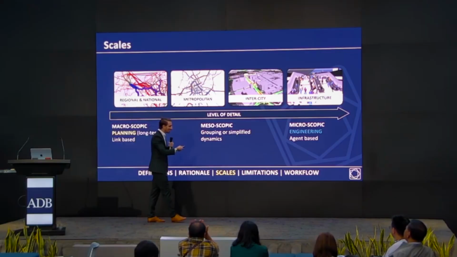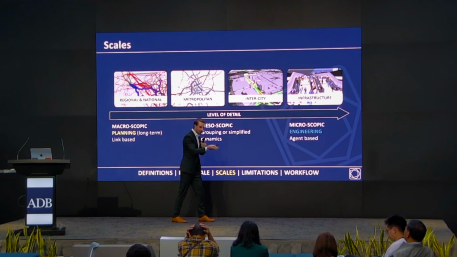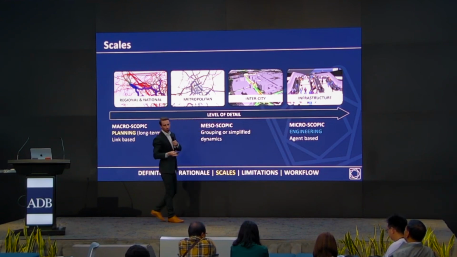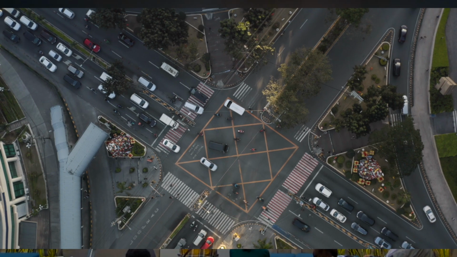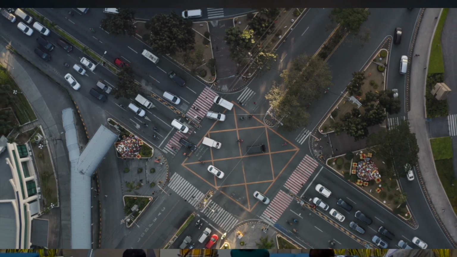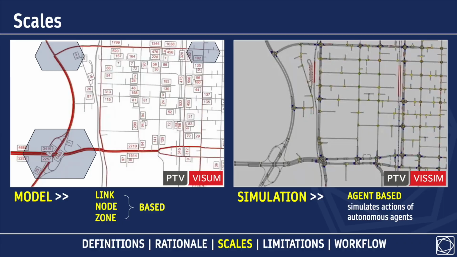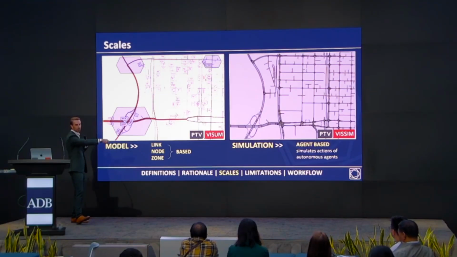But then we get quite detailed, and the more detailed we get, the more we move towards the world of traffic engineering. And the difference there is one is link, node, and zone based. This is like a 2D map that you're probably familiar with, made up of lines. And you can also have different zones. This could be an administrative area, or a node would be an intersection.